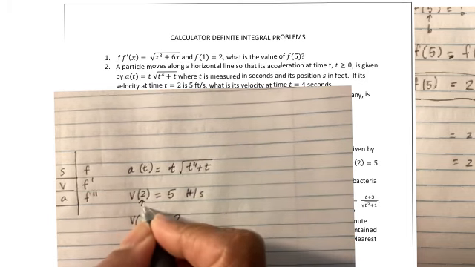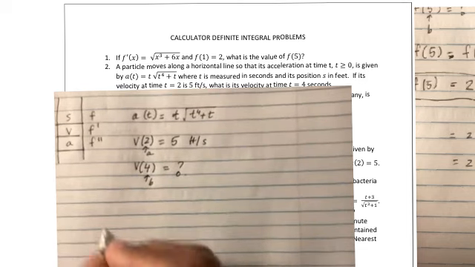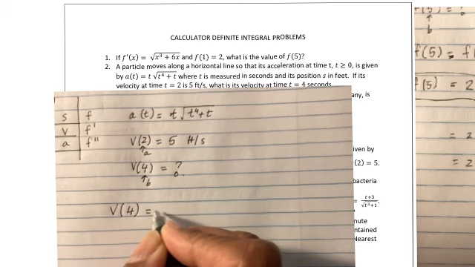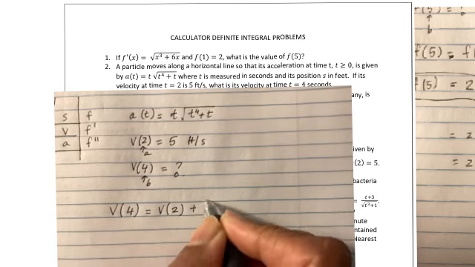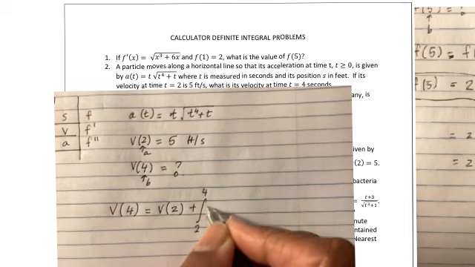So once again, this is our a, this is our b. And the net change theorem would say that v of 4, f of b, is equal to f of a, v of 2, plus the integral from a to b of f prime, right?